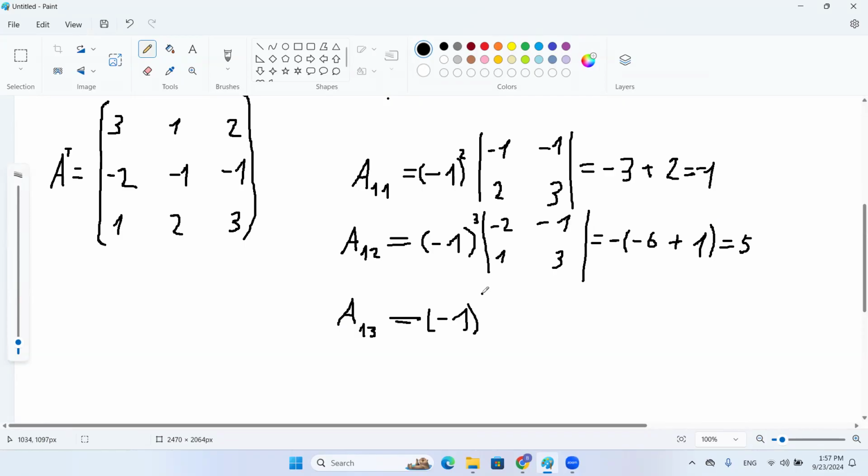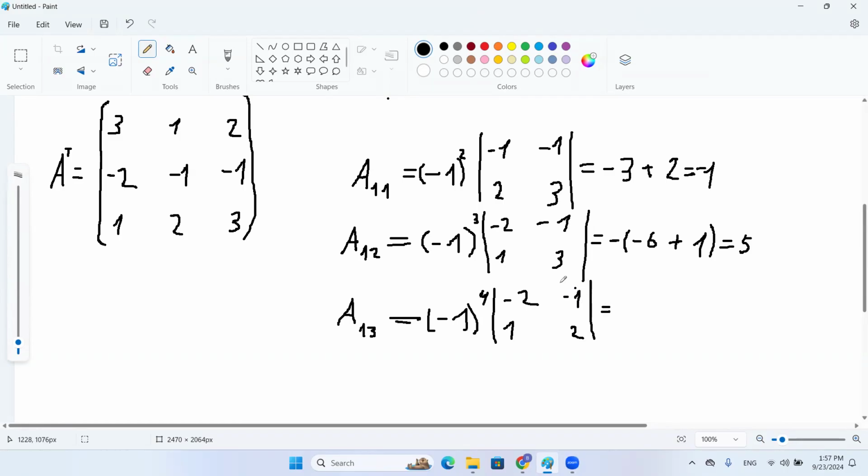Okay, Mykola. First row, third column, -1 to the fourth power. Then we have -2, 1, -1, 2, and we have -3.